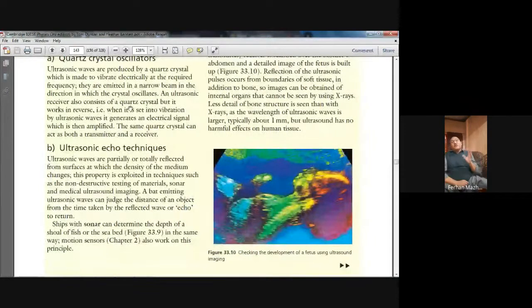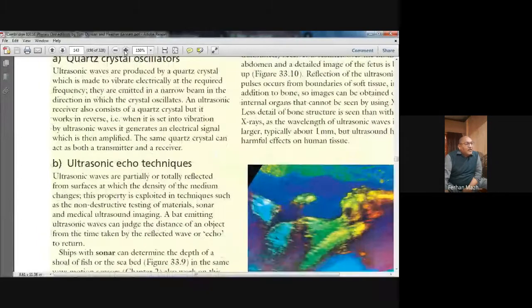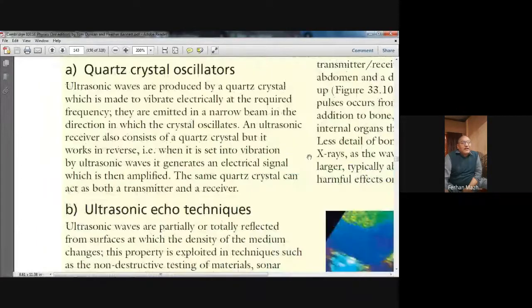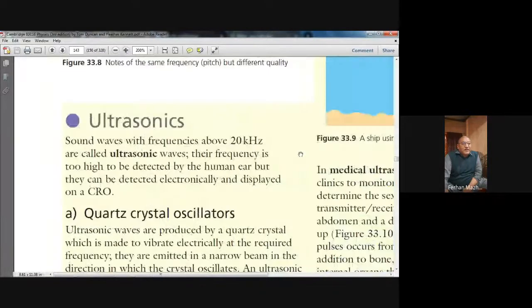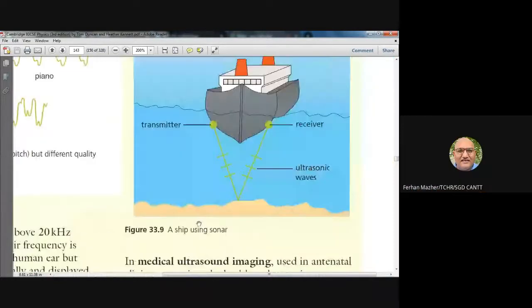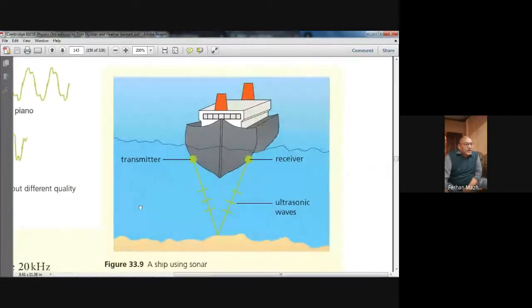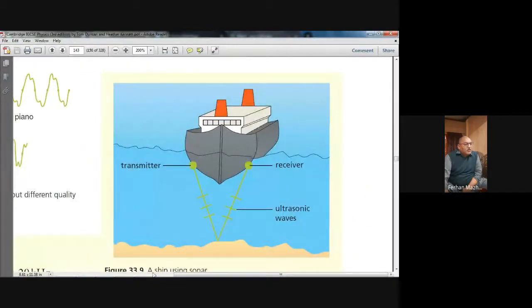Another very important use of the ultrasound is the ultrasonic echo technique. The ultrasonic echo technique is simple. You see here, I have a figure. Let me show you. You can see we have shown a ship, and that ship has an ultrasound transmitter.